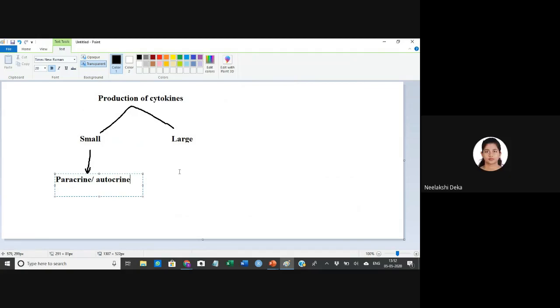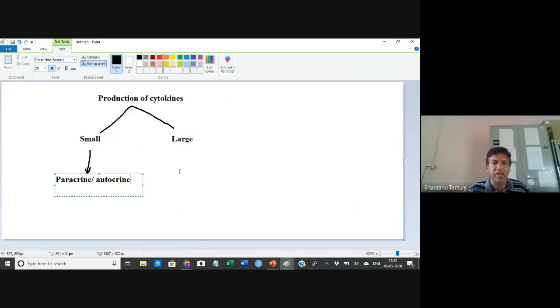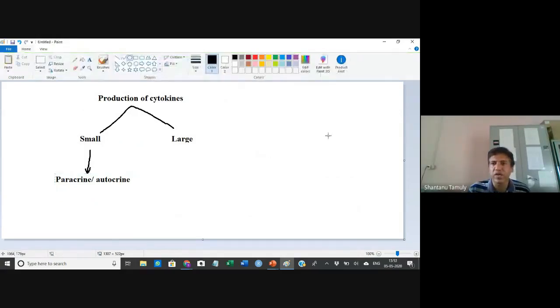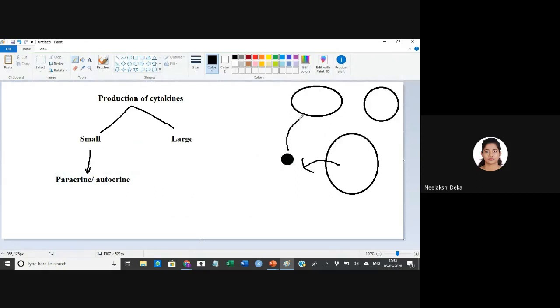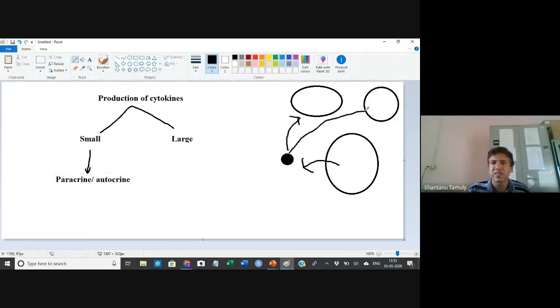Autocrine means the cell that produced the cytokine will act on that cell itself. For example, if I draw it this way, this is one cell and these are different neighboring cells. Now this particular cell produces the cytokine. If it shows activity on these neighboring cells, then it will be paracrine.